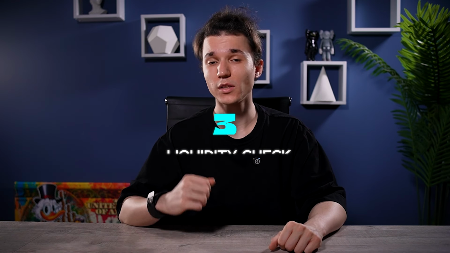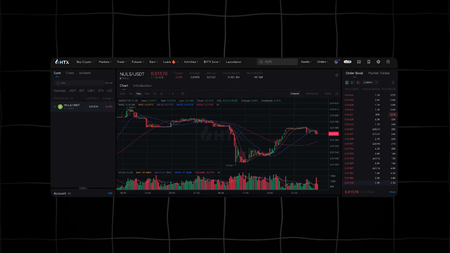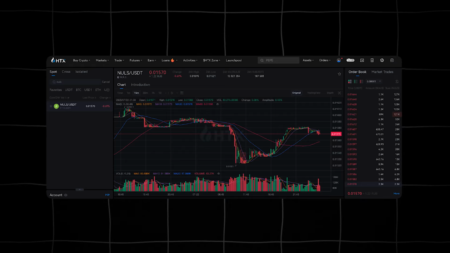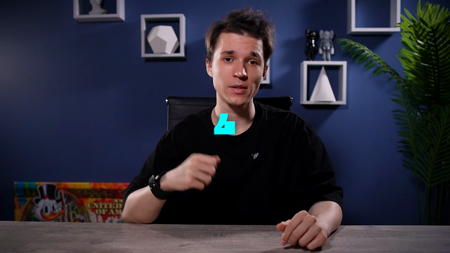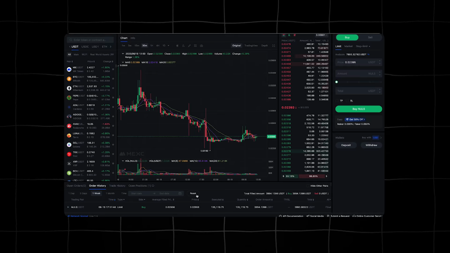After that, the client checked liquidity. He looked at the order book and made sure that it's possible to enter and exit at the desired price without slippage. Order books were thick enough, so no surprises. And finally, the client entered the trade. He bought NULS on MAX at 0.02956 USDT, transferred it to HTX.